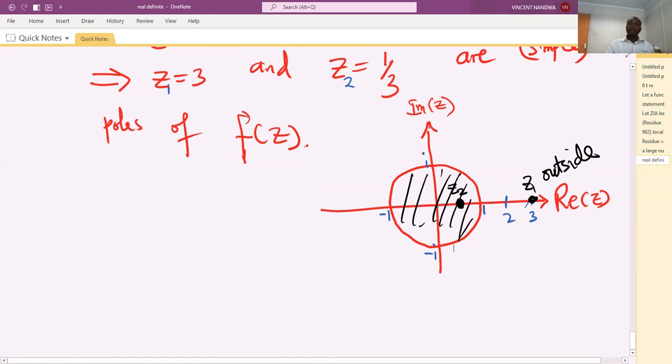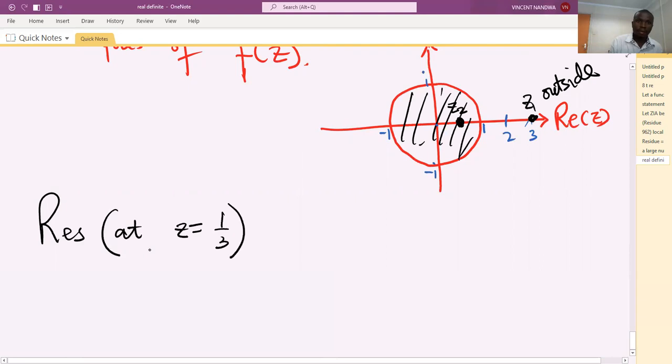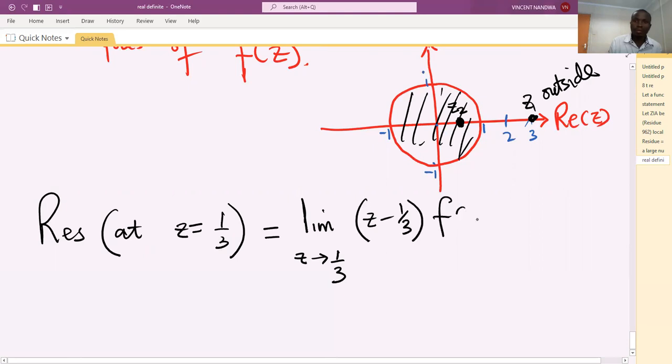So the residue at z equals a third will be given by the limit as z approaches a third of z minus a third times f of z. This is by definition.